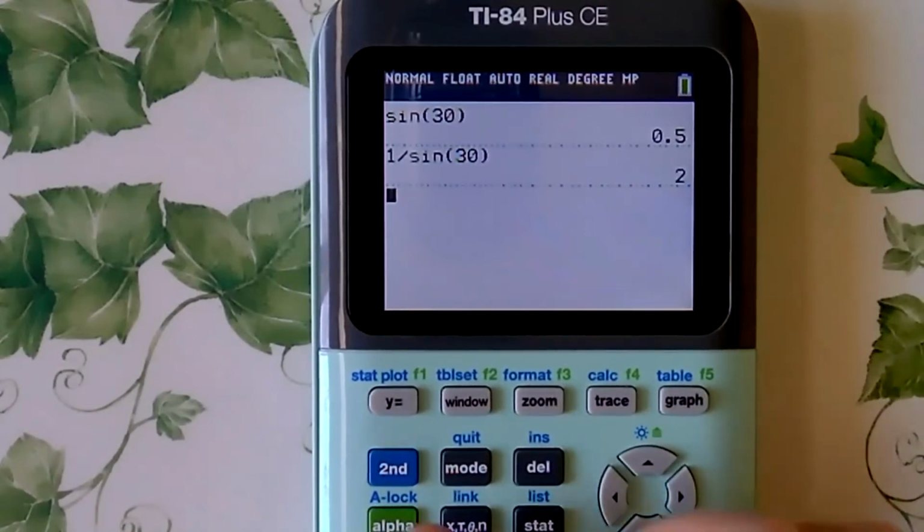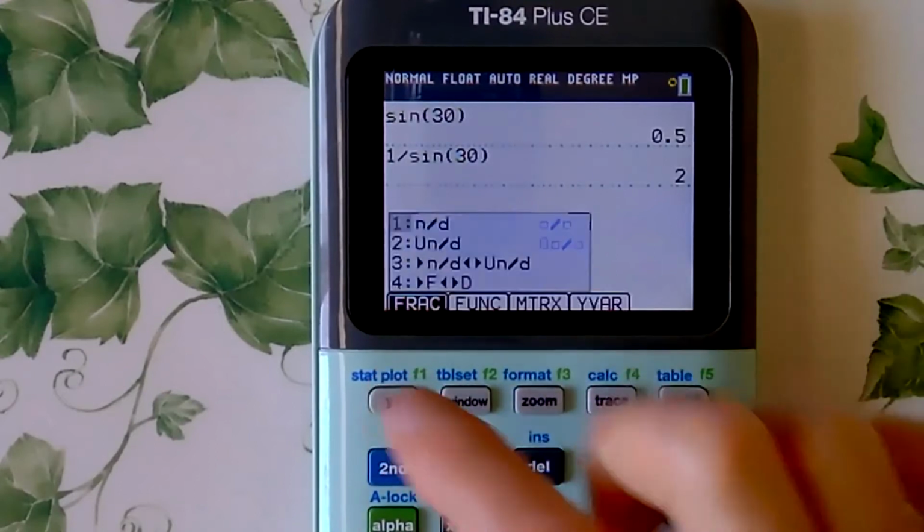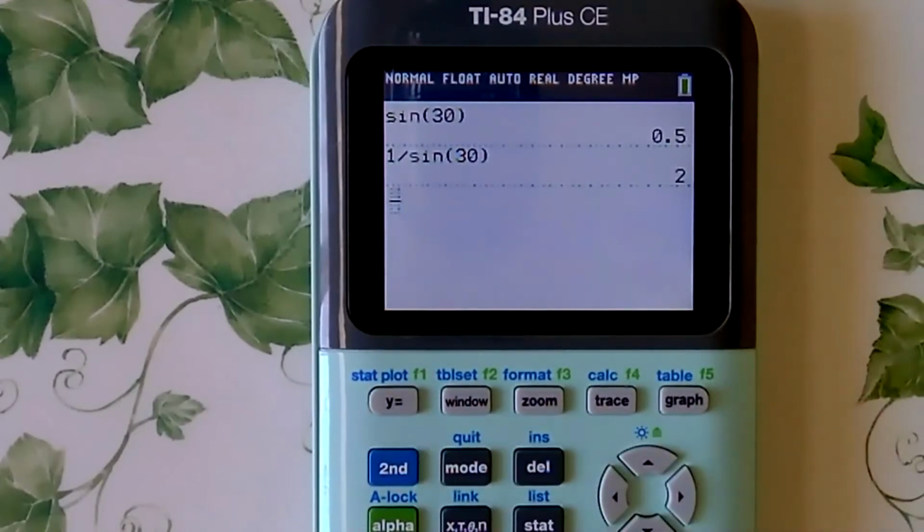How I probably would do it is I probably would use my fraction button and go alpha y equal and get my fraction. And I would type in 1 over sine of 30. You just want to watch order of operation sometimes when you're entering things in, and it would give me the 2.